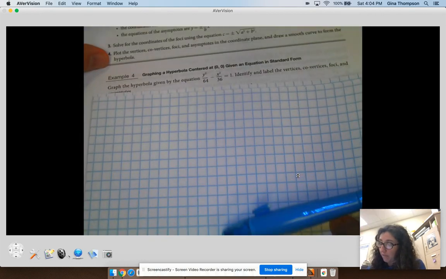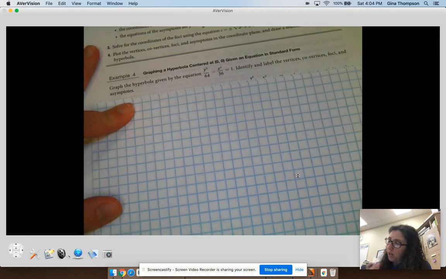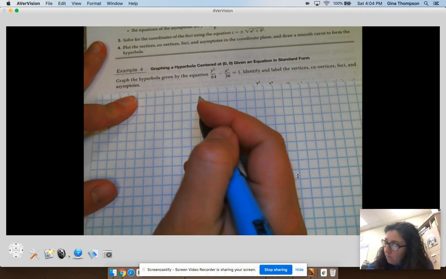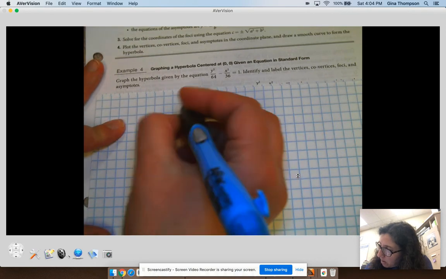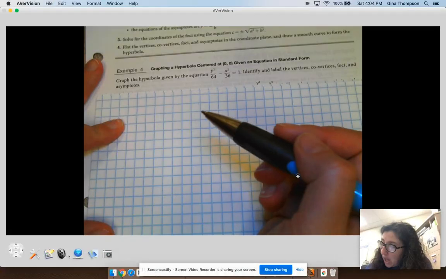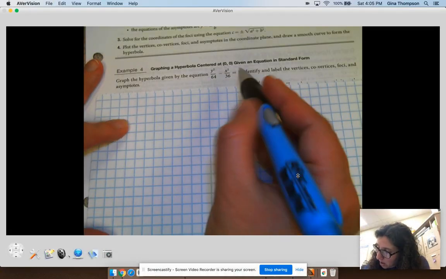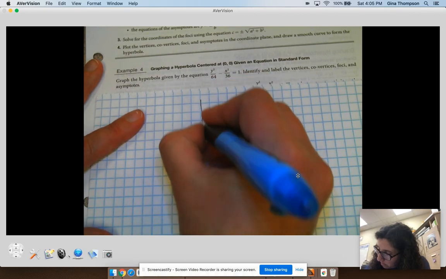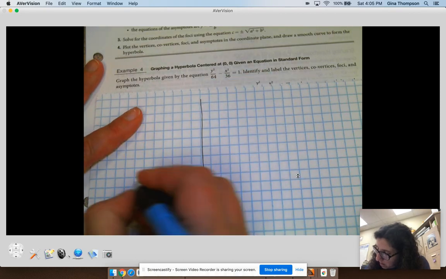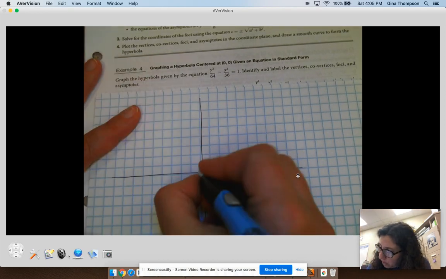All right, let's graph this hyperbola given by this equation. It looks like it's centered at the origin. A is 8 and B is 6. Let's be kind of careful about this. So here's our center.